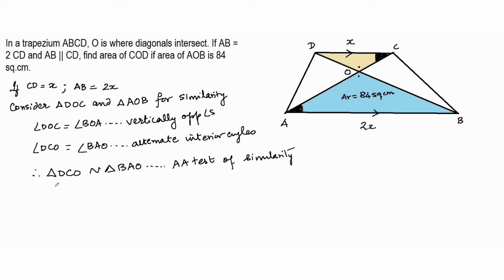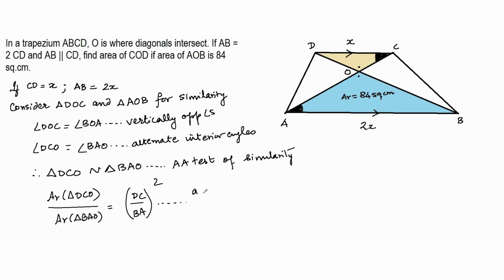And now because these two triangles are similar, I can find the ratio of their areas. So area of triangle DCO divided by area of triangle BAO is going to be the square of DC upon BA, the whole square.